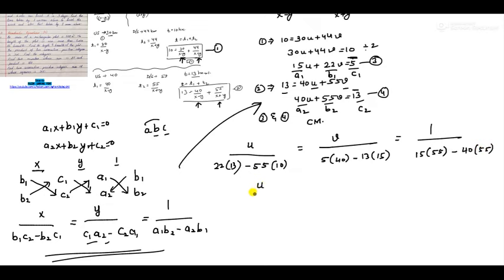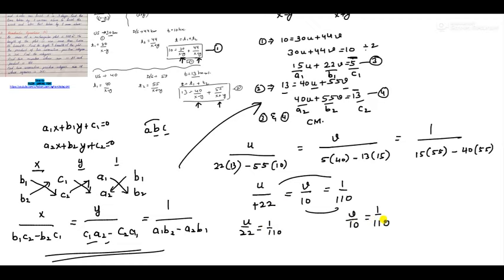Now when you solve this, I will just write the complete answer. On solving this, you'll get this as minus 22 or just plus 22. Here you'll get v by 10 and here you'll get 1 by 110. Okay, so you can equate these two like this. So u by 22 equals 1 by 110 and v by 10 is equal to 1 by 110.